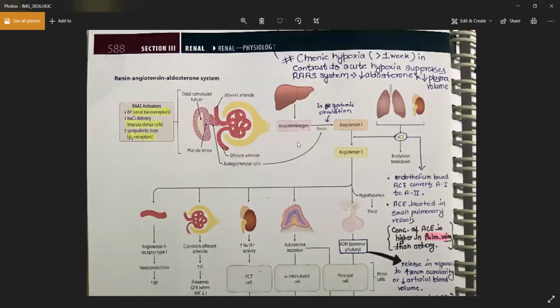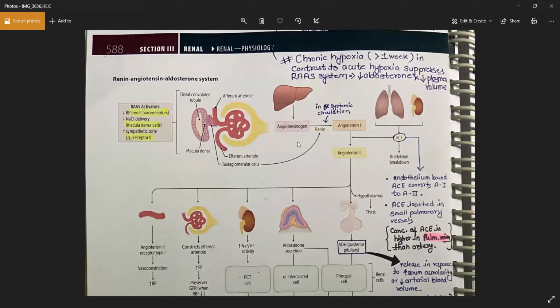Okay, so for the RAS, you need to know that 3-4 cells are involved. One is the modification of the smooth muscles of the afferent arteriole. What are these cells called? The modifications of the afferent arterioles that take part in the RAS system, what are these cells called?